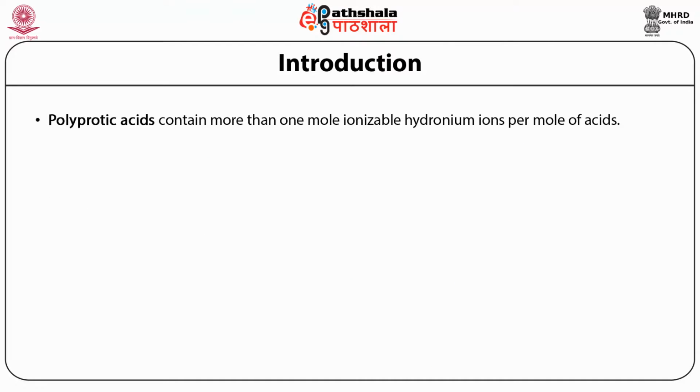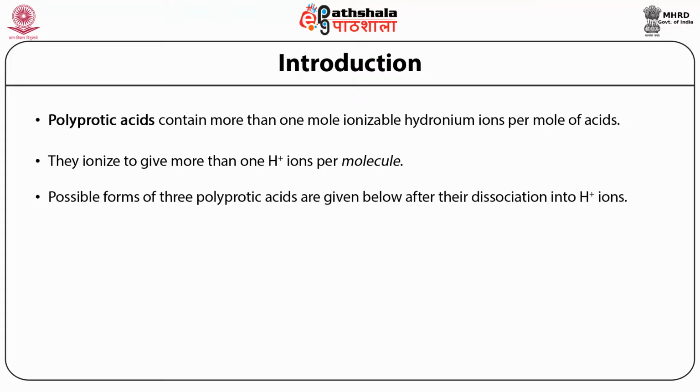Polyprotic acids contain more than 1 mole of ionizable hydronium ions per mole of acid. They ionize to give more than one H plus ion per molecule. Possible forms of three polyprotic acids are given below after their dissociation into H plus ions.